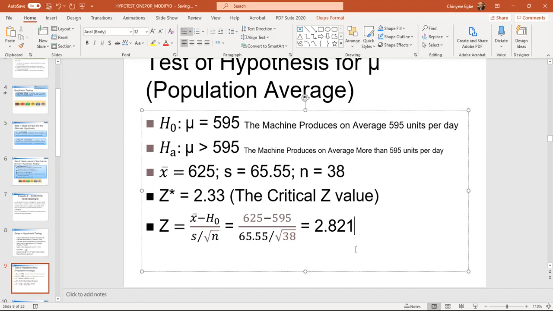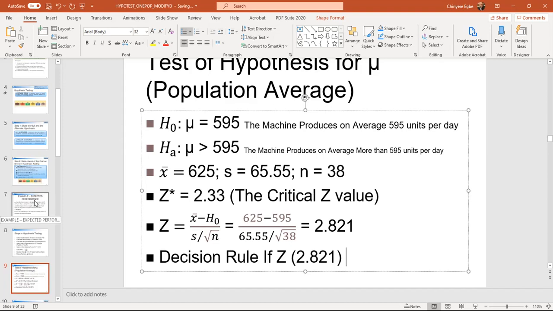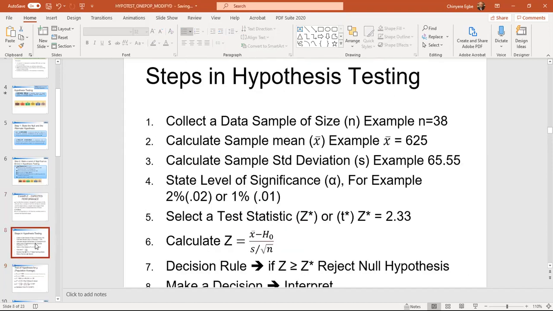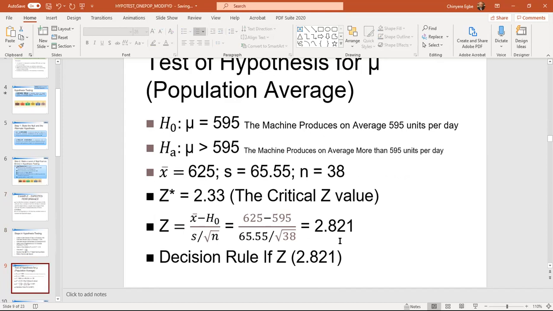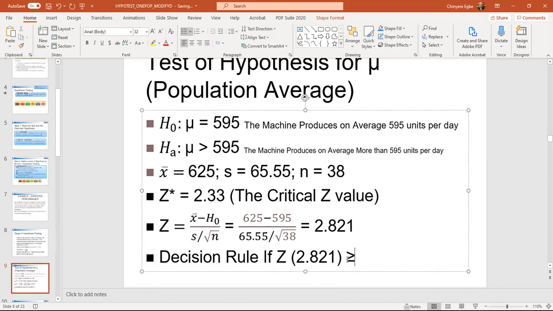So Z is 2.82. So decision rule: if Z, 2.821, is greater than or equal to Z star, and I'm going to go and look for that information, which is 1.33, which is Z star.